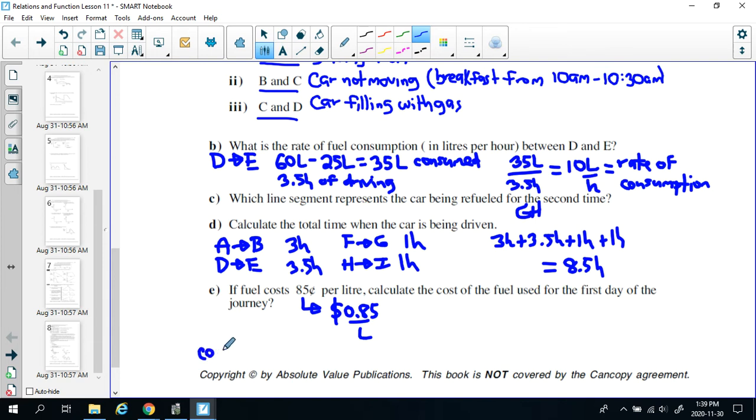So your total cost would be equal to the rate of consumption multiplied by the driving time multiplied by the cost per liter.